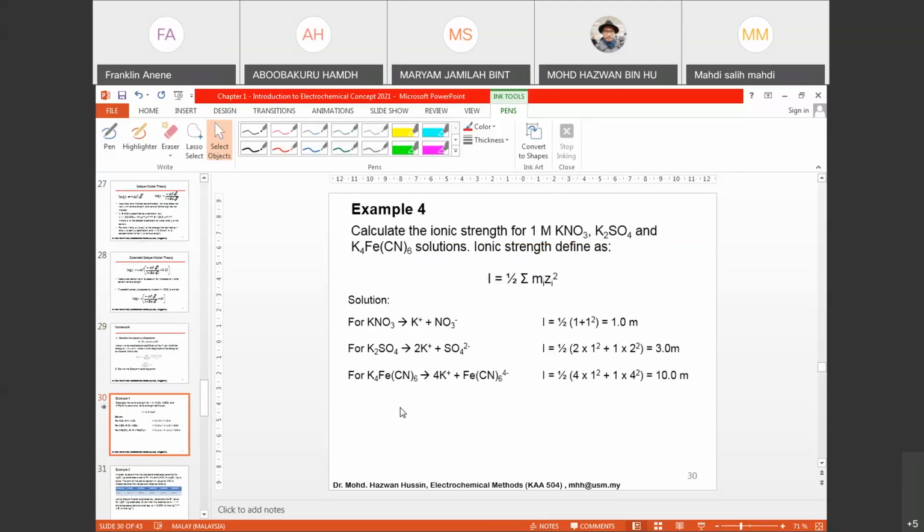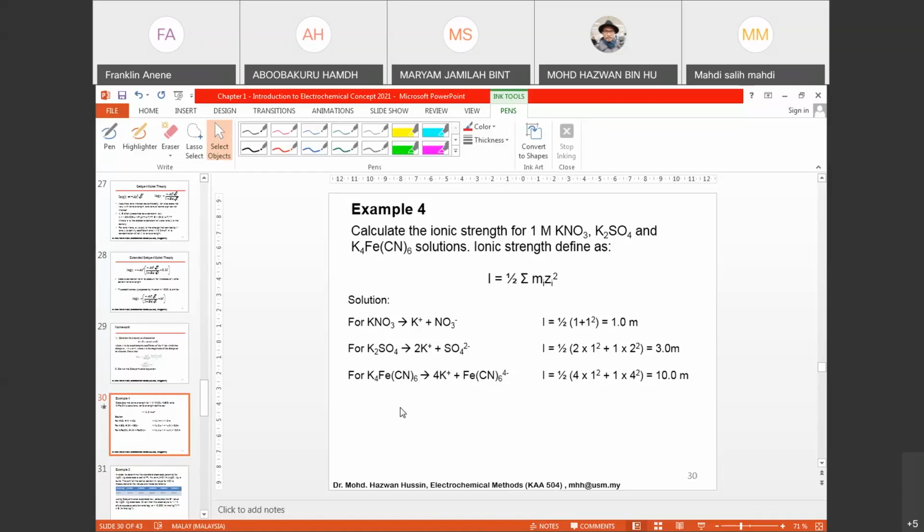For the example, calculate the ionic strength of 1 molar potassium nitrate, potassium sulfate, and potassium ferricyanide solution. The ionic strength is defined as capital I equal to half the sum of concentration multiplied by charge squared. For potassium nitrate, when you dissociate this salt, it forms potassium plus and nitrate ions.